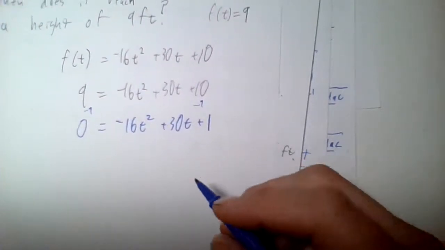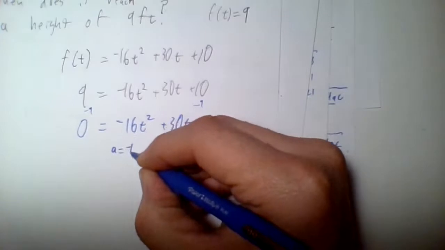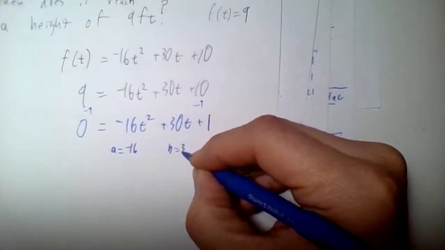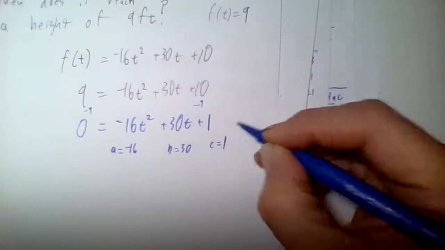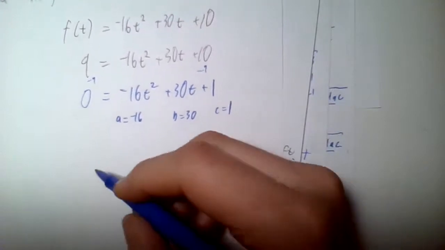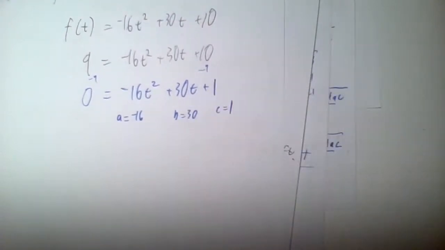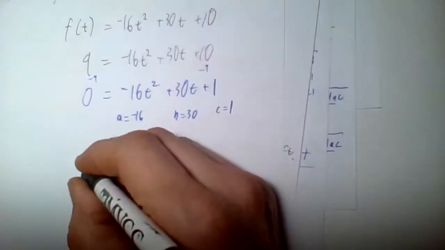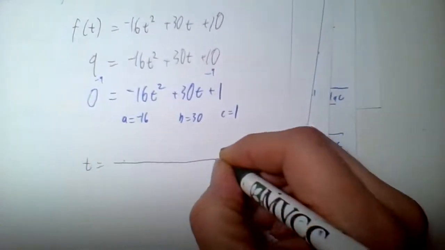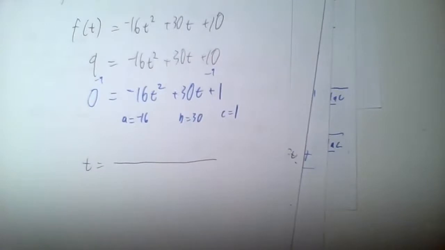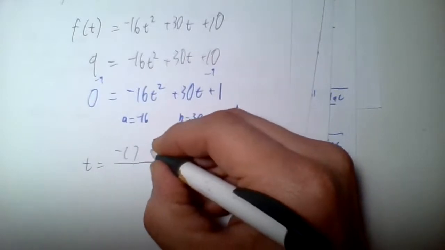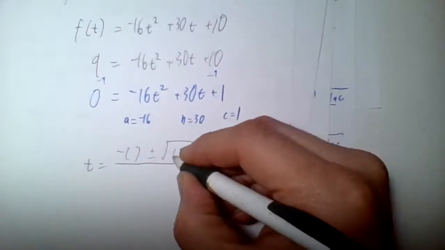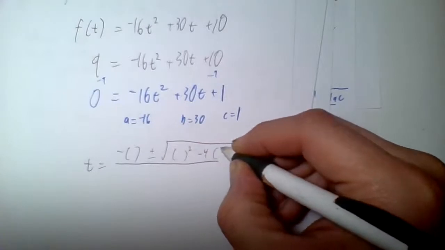So I'm identifying a, b, and c out of that equation, and I'm going to drop them into this formula that says x, well, it's not x equals, it's t equals in this one because that's the variable I'm solving for. Opposite of b plus or minus the square root of b squared minus 4ac.